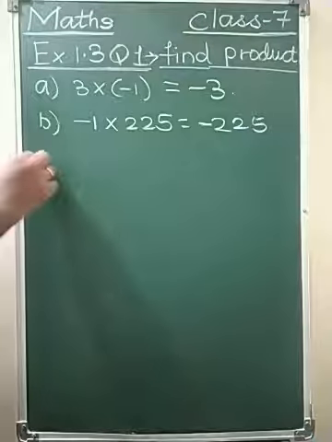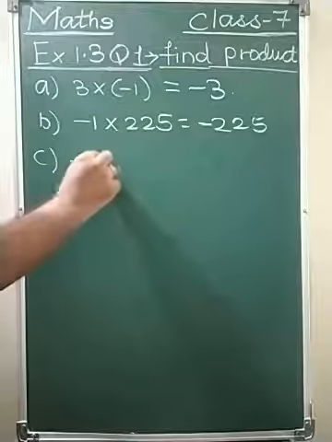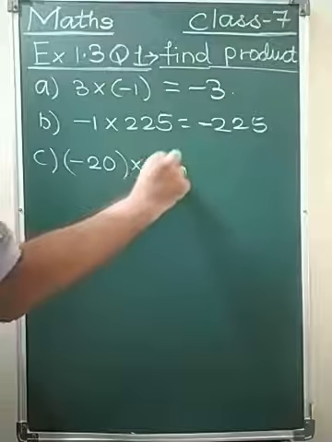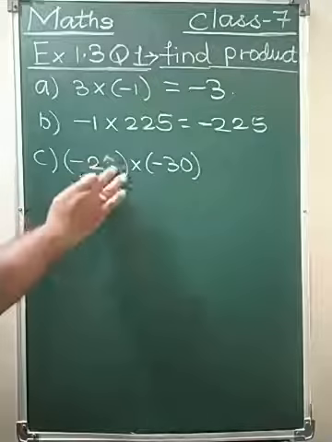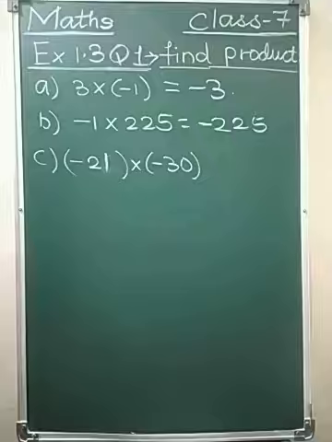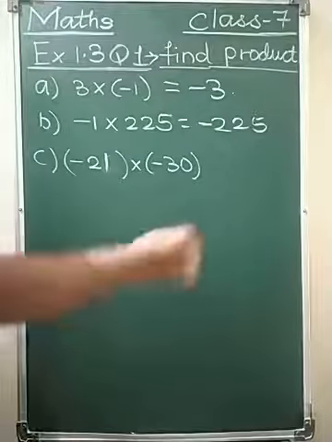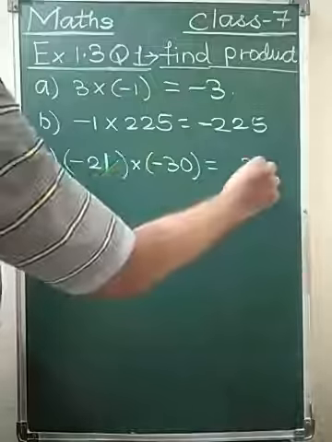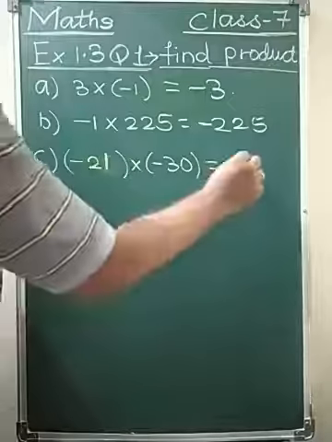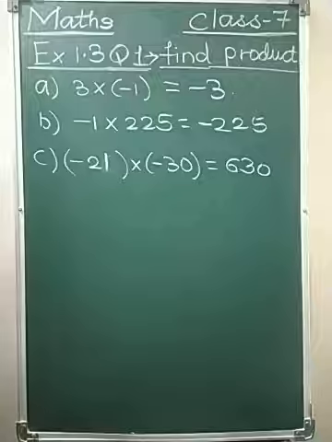Okay, C sum. Minus 21 multiplied by minus 30. So here again simple multiplication is to be done. 3 ones are 3, 3 twos are 6 and 1 zero.